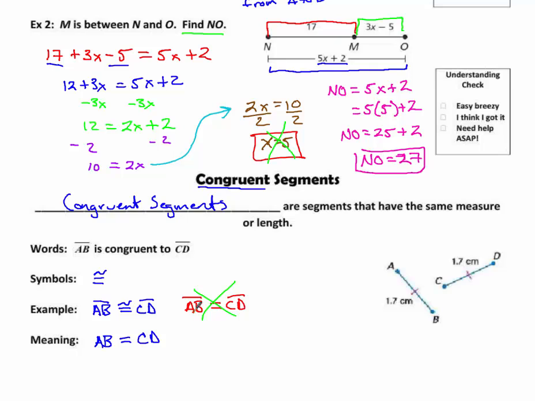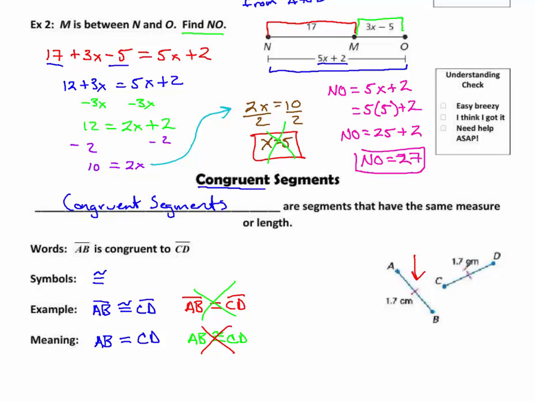That's not a rational statement, because AB with a bar on top means segment. AB without a bar on top means distance. So this actually represents a number. Also, if you wrote AB is congruent to CD, that would also be an incorrect way to write this. So keep in mind, if you're going to say congruent, you have to have a segment. If you're going to say equals, you have no segment.